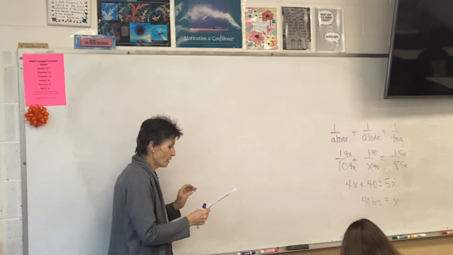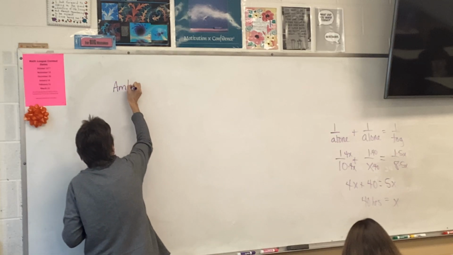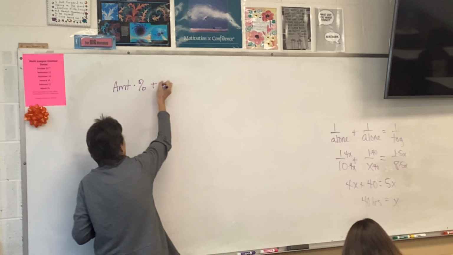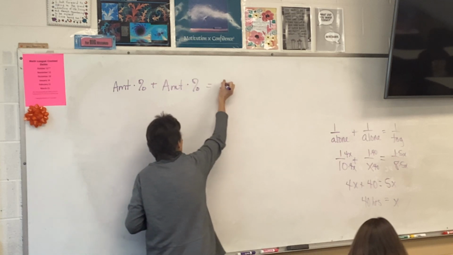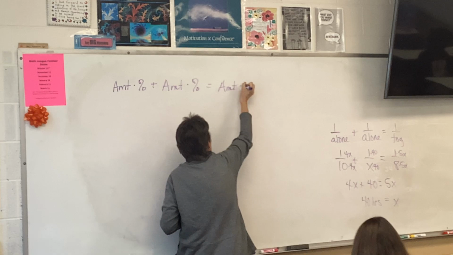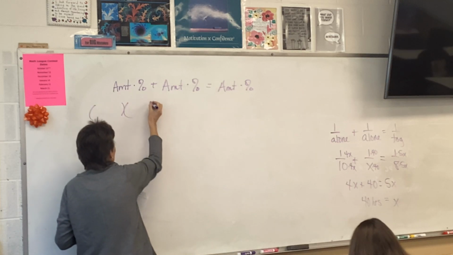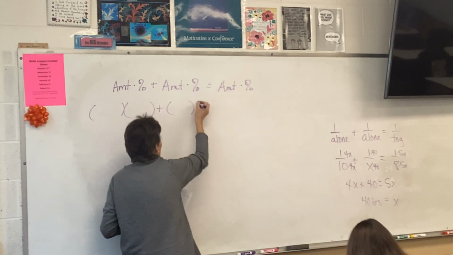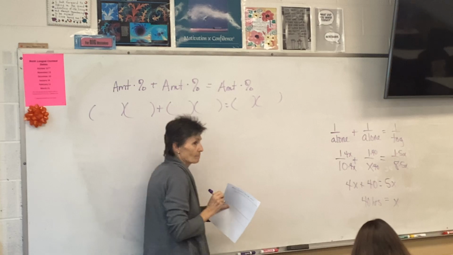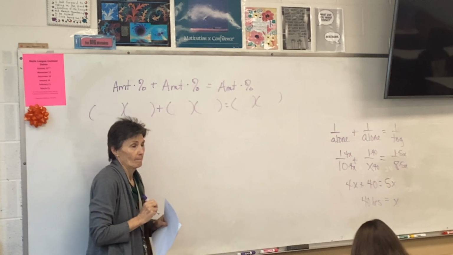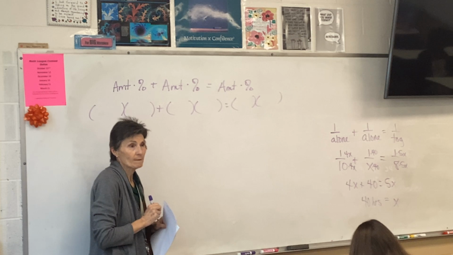All right, one more. Amount times percent plus amount times percent equals amount times percent. Okay?